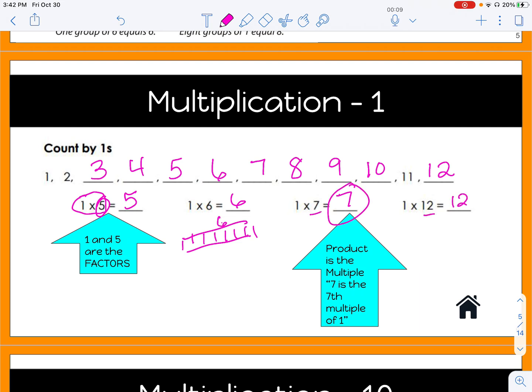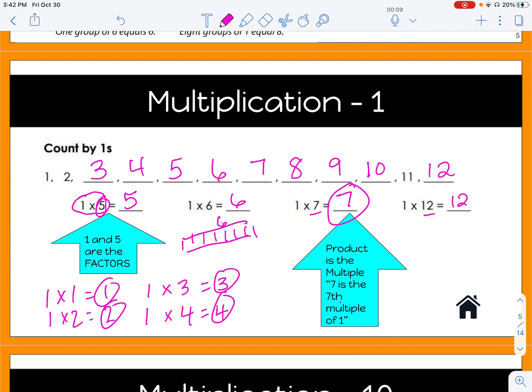And this product is the same as saying 7 is the 7th multiple of 1, because 1 times 1 is the first multiple, 1 times 2 is the second multiple, 1 times 3 is the third, 1 times 4 is the fourth, and so on. So these answers, okay, are the multiples of the original number that we are multiplying by.